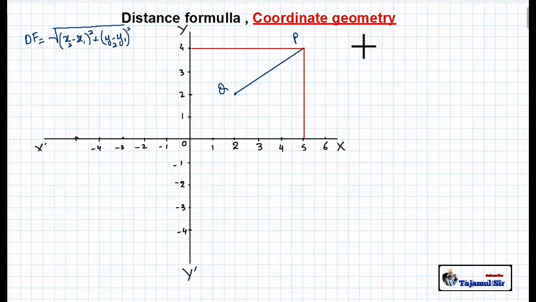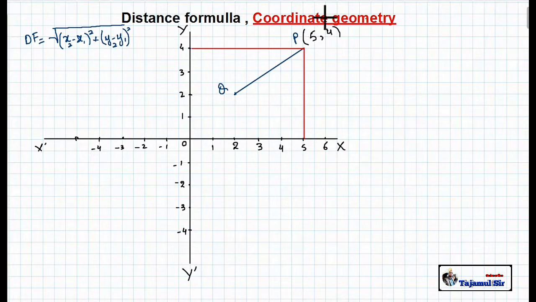I will write down here in brackets. These red lines show us the two coordinates of point P. From these red lines we found out the coordinates of this point P. Its x coordinate is 5 and y coordinate is 4.